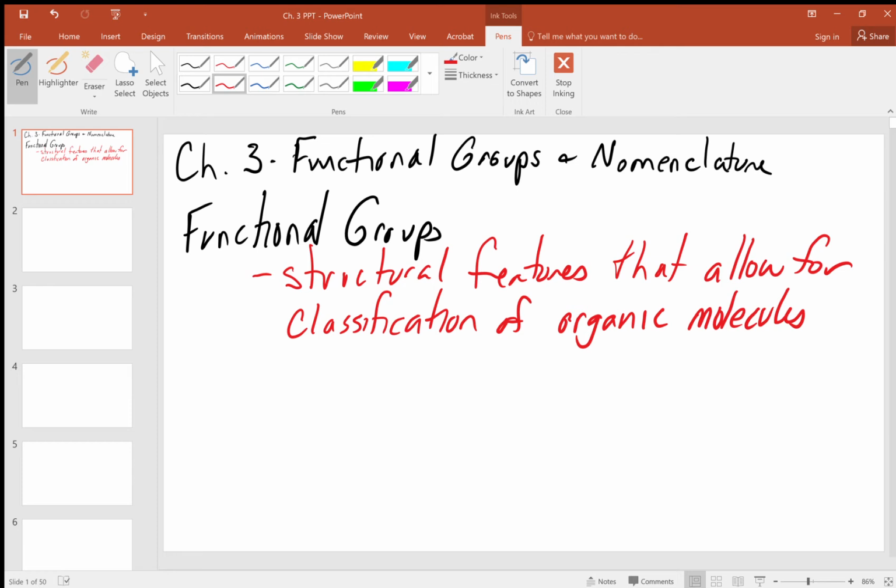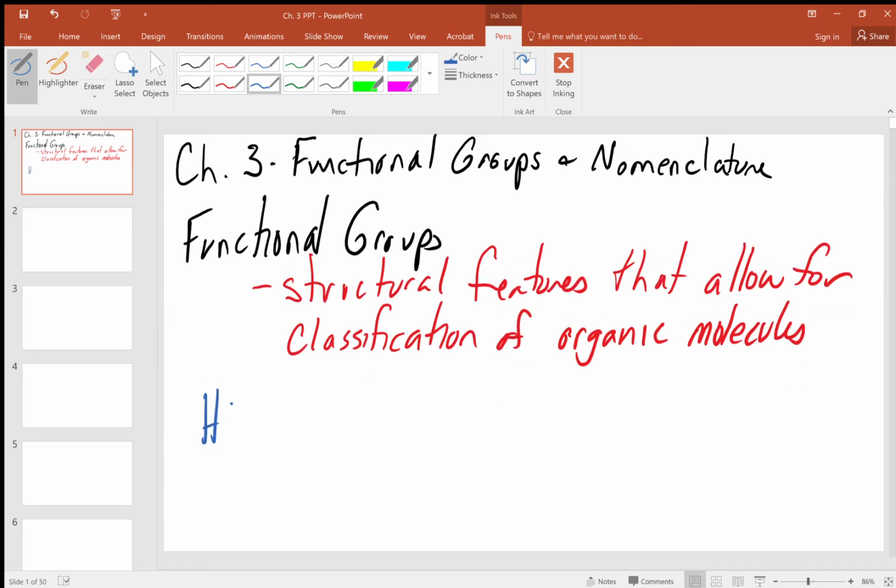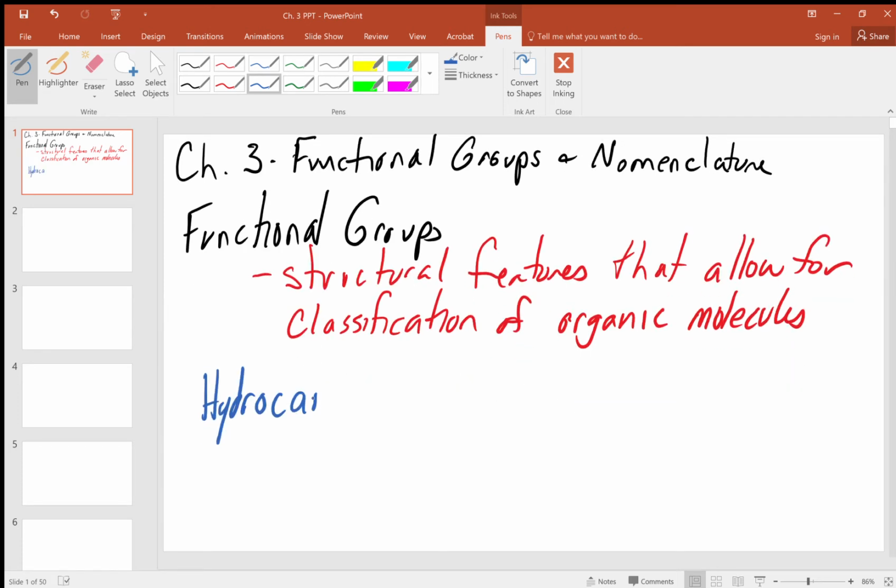Now, before we get into these, there's a couple definitions we should know. And the first one is the term hydrocarbon. So hydrocarbon is a structure that contains exactly what the name makes it sound like.